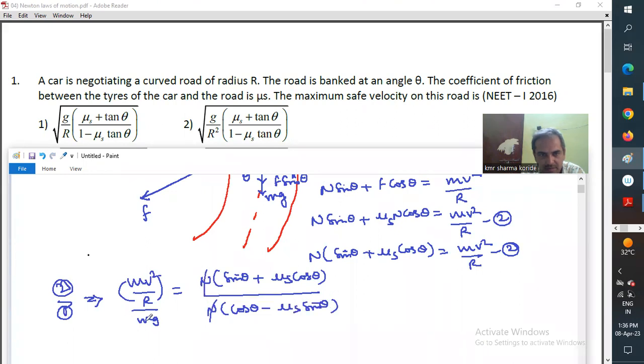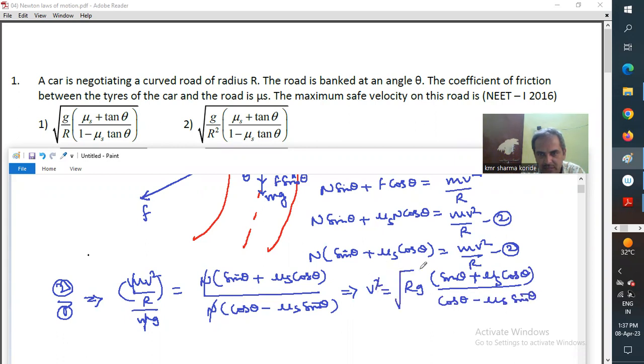N and N get cancelled, m and m get cancelled. So you will finally get v square equal to rg, taking r and g to the right side, times sin theta plus mu s cos theta whole divided by cos theta minus mu s sin theta.